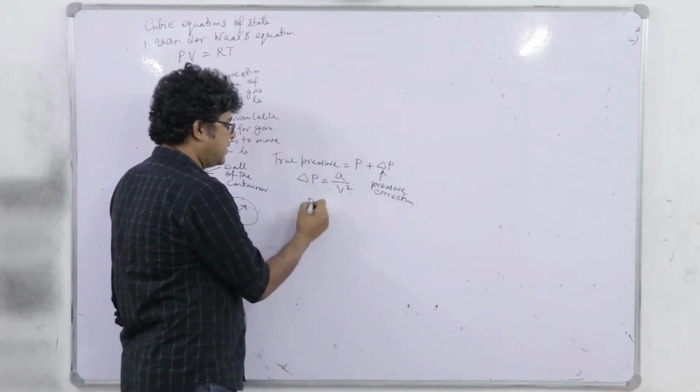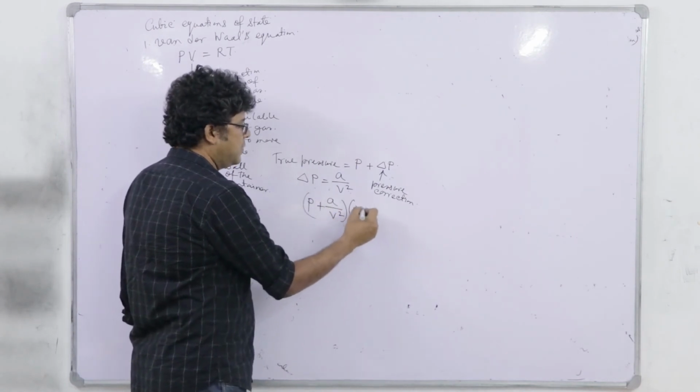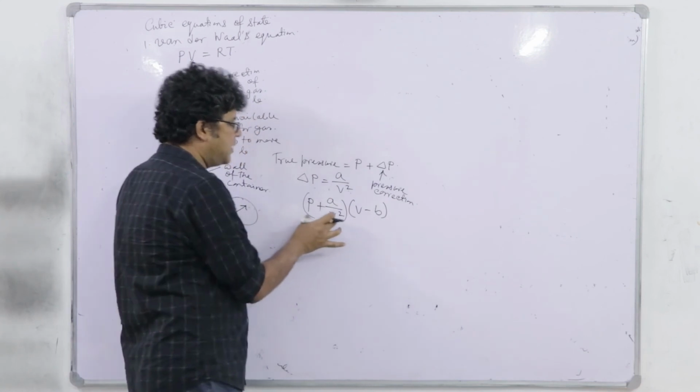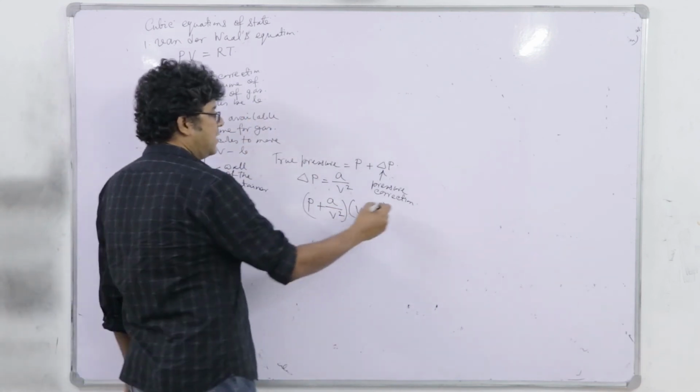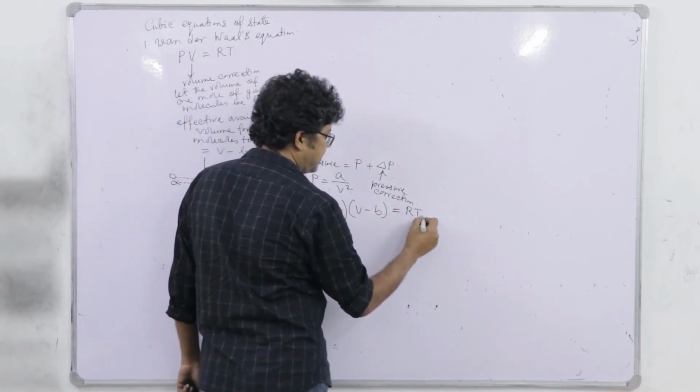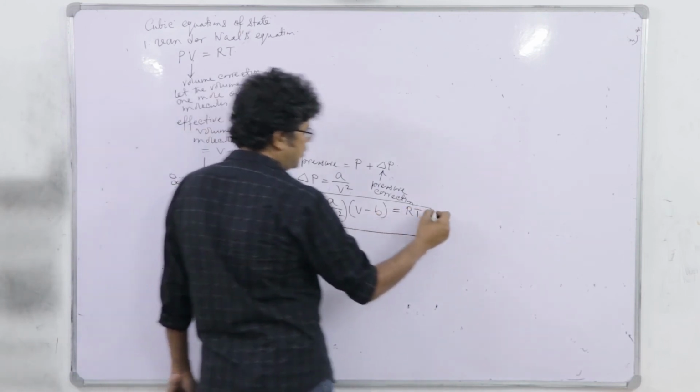So, the exact pressure is P plus A by V square, and the volume is V minus B. He simply corrected this pressure term and volume term in the ideal gas equation, and from there he derived this equation, right. So, this is the famous van der Waals equation for 1 mole of gas.